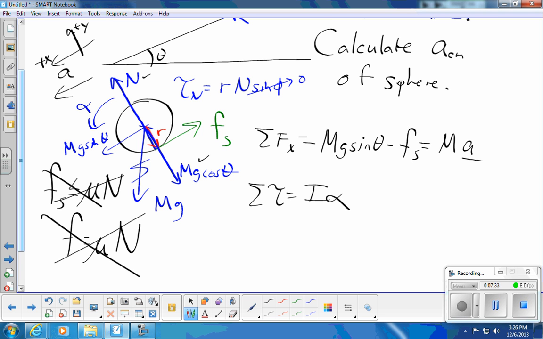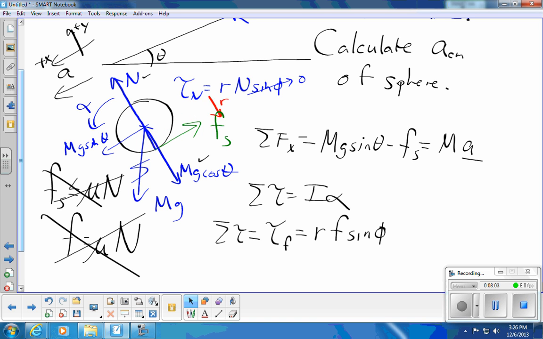Okay, what is the net torque on this round thing, on this sphere? Well, we've already discussed that the normal force and mg do not create torques. The only force here that creates a torque is the static friction force. So the net torque is equal to the torque created by friction. And the torque created by friction is R times F times sine phi, where phi in this case is the angle between the R vector and the static friction vector drawn tail to tail.